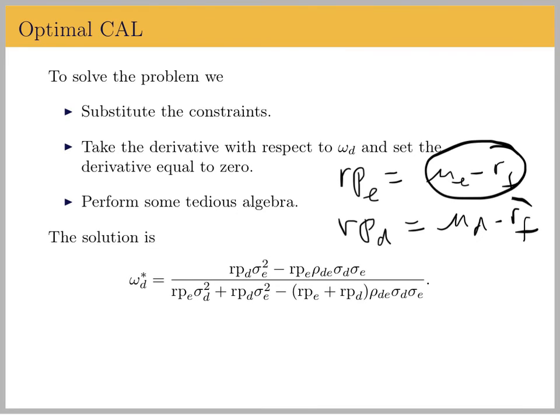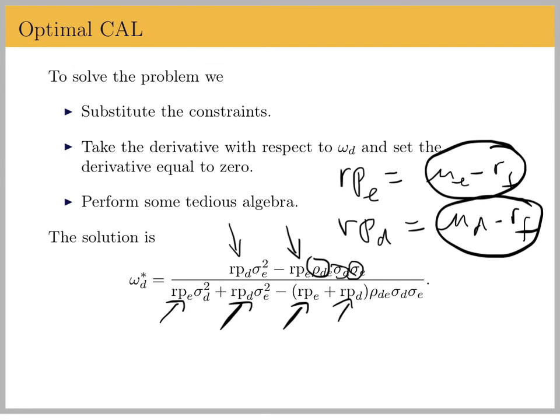I've simply substituted so that I don't have a lot of tedious notation, so I've just simplified the notation by calling these Rp's as well as down here. And so what we have is this expression where we can solve if all we know is rho, sigma d, sigma e, mu d, mu e, and Rf, that is the expected returns, the volatilities, the risk-free rate, and the correlation.